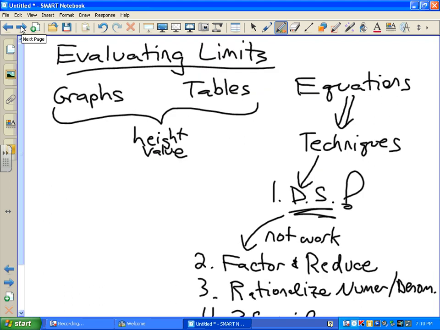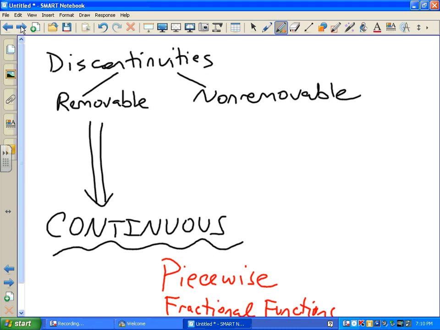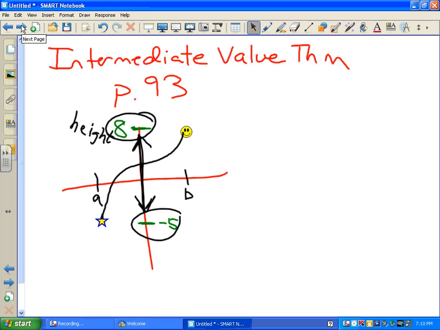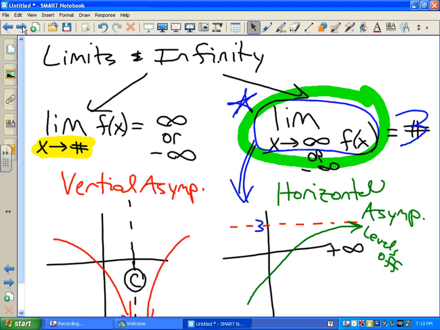We talked about how to evaluate limits using graphs, tables, or equations, different types of discontinuities, and the concept of continuity in general. A function has to be drawn without picking up your pen or pencil. Piecewise and fractional functions are two places where we often see that a function is not continuous. The intermediate value theorem, again listed on page 93, is definitely a key AP topic, and so is the notion of limits and infinity.